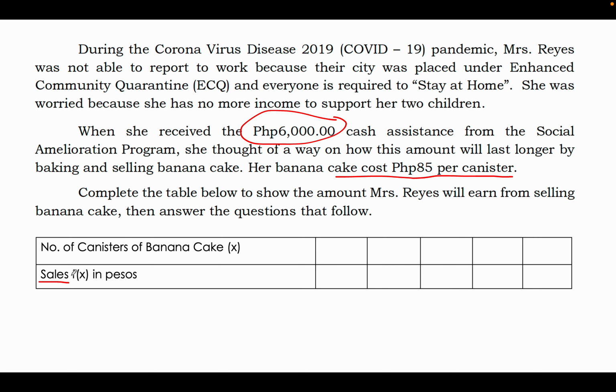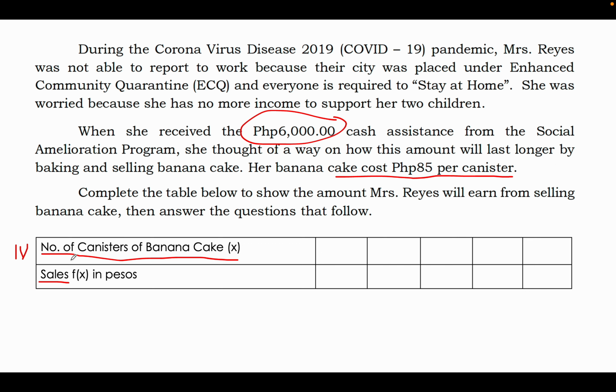So that means, ang number of canisters here ng banana cake is our independent variable. Kasi, ang kanyang benta ay nakadepende kung ilang canisters yung maibebenta niya. Right? Tama? Okay? So, identify first the independent and the dependent variable.